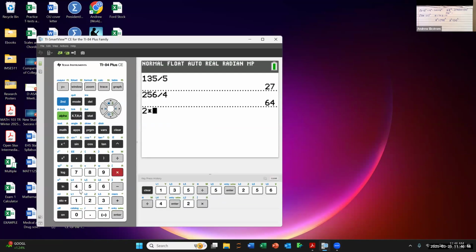So 2 times 4 times 21, so 186x. Oops, sorry, 168x, plus, I believe that was 441. So that's what you should have got. And then on the exam, if you did that, you could have graphed it and come up with the correct answer.